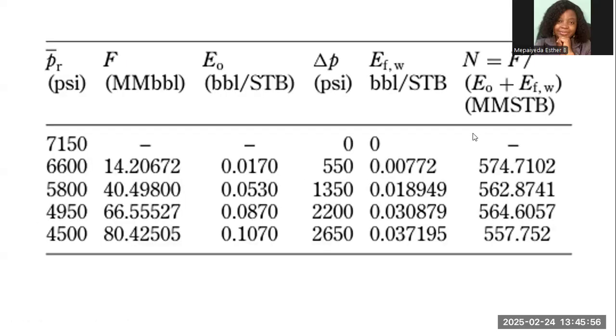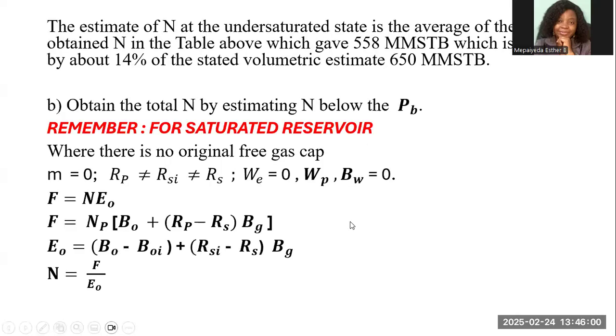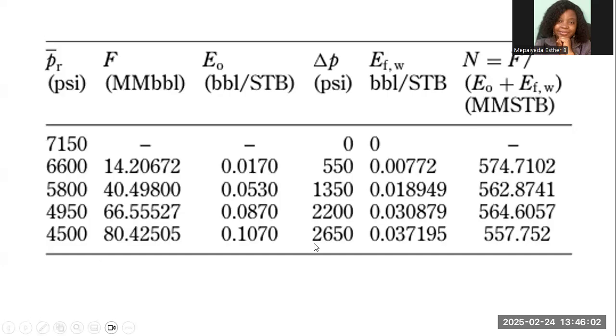So we slot in, making use of your Excel, your calculation machines, you will obtain these values. You have your F, you have your Eo. Remember, 7150 to 4,500 is the undersaturated state, which is the first aspect of estimating our N, from Pi to Pb.